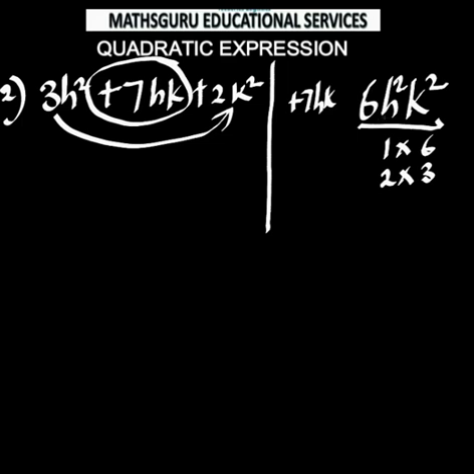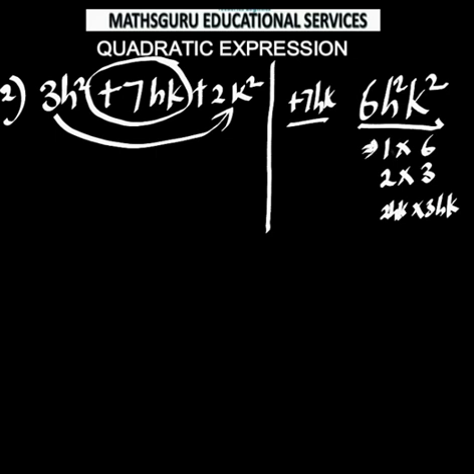That is 2hk times 3hk will give us 6h squared k squared. But 2hk plus 3hk will not give us 7hk. So let's consider this.